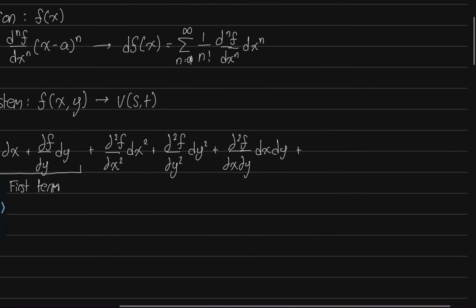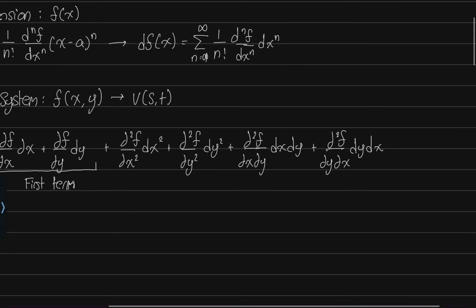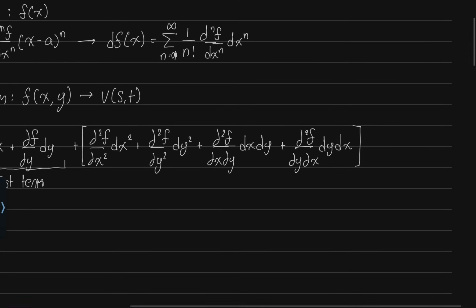And we can add this to our second partial derivative with respect to y and then x. And obviously, since this is the second term, it'll all be multiplied by 1 over 2 factorial, which is just going to be 1 over 2.